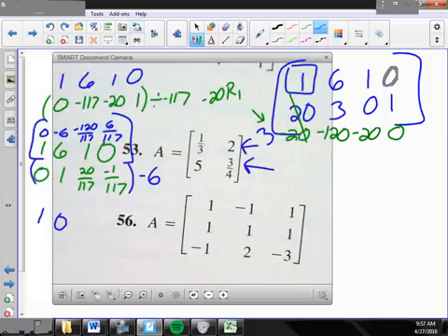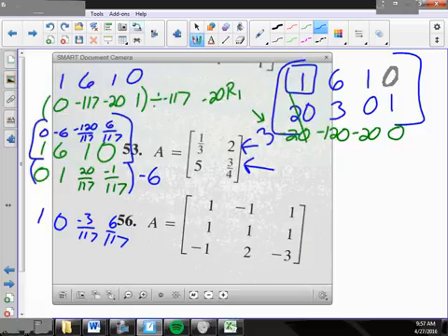Well, negative 120 over 117 plus 117 over 117 is just negative 3 over 117. If you don't know that, put in your calculator, math fraction, it'll tell you. And then 6 over 117 and 0 is just 6 over 117. And then the bottom row remains the same.